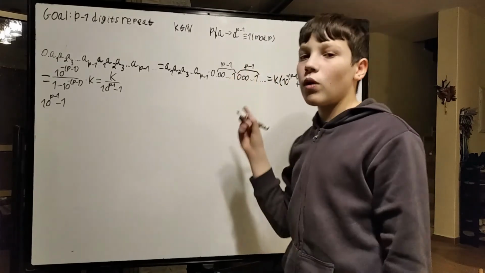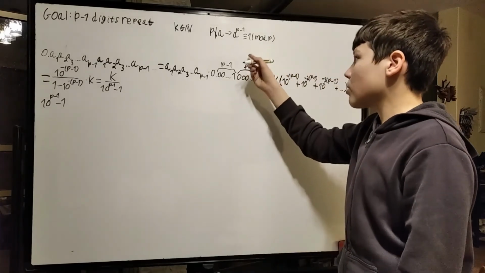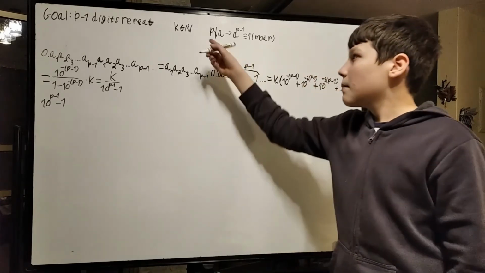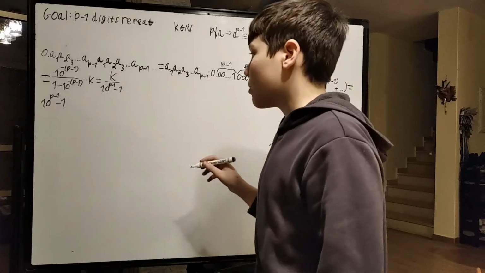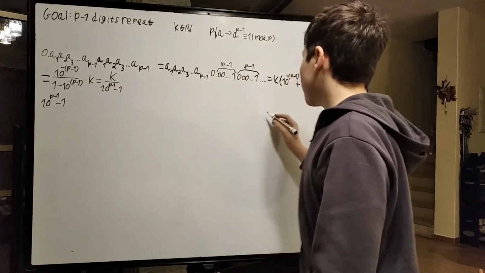Or I can subtract 1 from both sides and say that p divides into a to the p minus 1 minus 1, as long as p does not divide into a, and p is a prime and a is a natural number and all that.